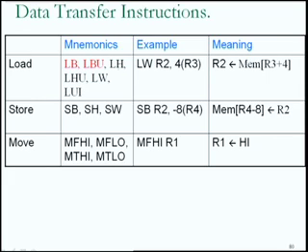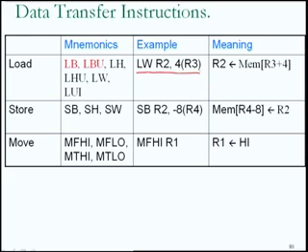LH will stand for load half, LHU for load half unsigned, LW for load word, LUI for load upper immediate, SB for store byte, SH for store half word, SW for store word, MF high will stand for move from high, and so on. MF low, move from low, move to high, and move to low. So let's just look at the example over here.